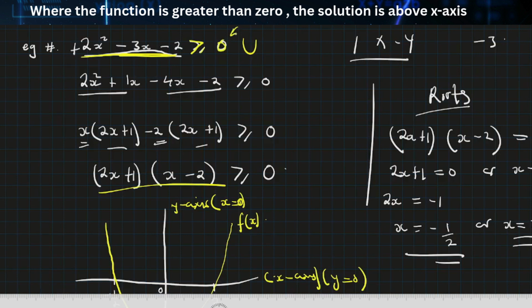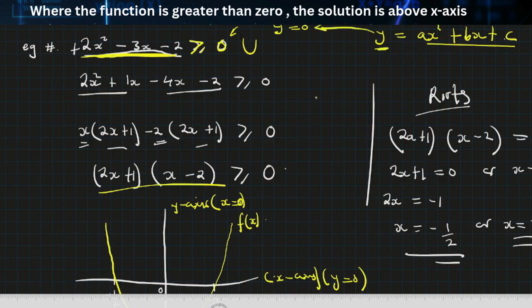Remember, this 0 simply means y equals 0, because in general our function is written in terms of y equals ax squared plus bx plus c. So here what happened is, you're going to see this, our left-hand side equals this. So this y is the one replaced by 0.